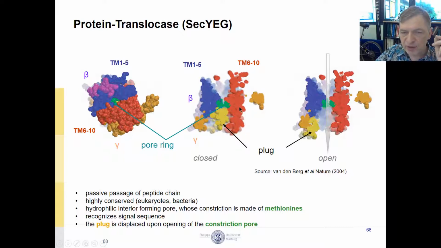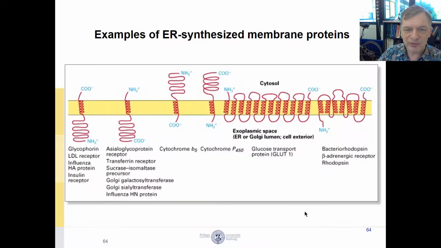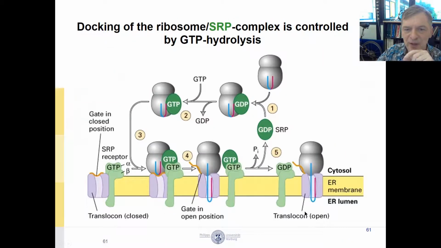And the second point is the pore ring itself is not a rigid structure, it comprises methionines. So it's full of methionine residues. Methionines are hydrophobic, but they are very flexible. They are greasy-like, somehow like a little greasy lipidic stuff here at this pore site. They can be pushed to the side chains. And that is interesting because the same principle has been used by the signal recognition particle that we have seen before to recognize the signal sequence itself.